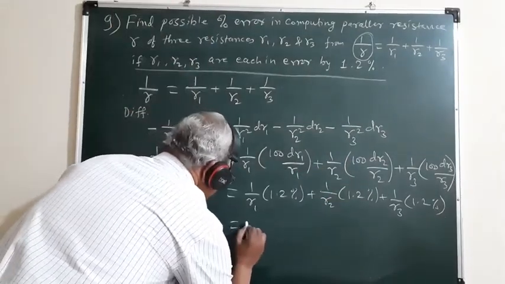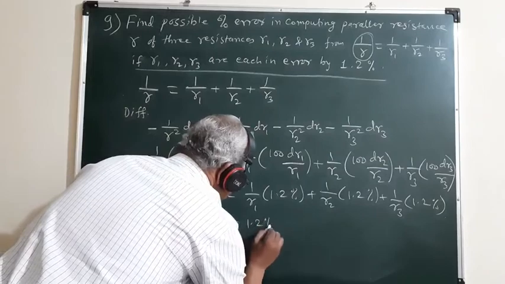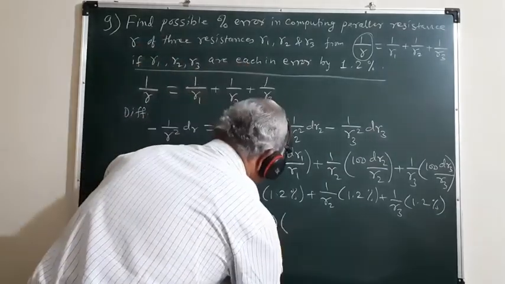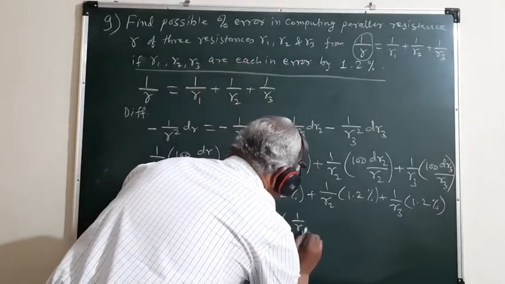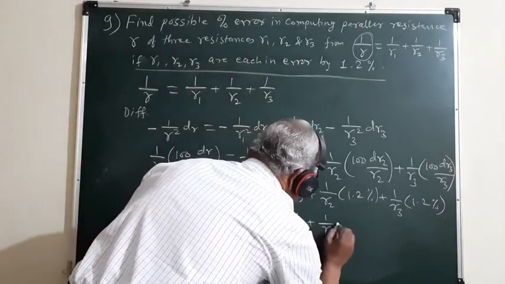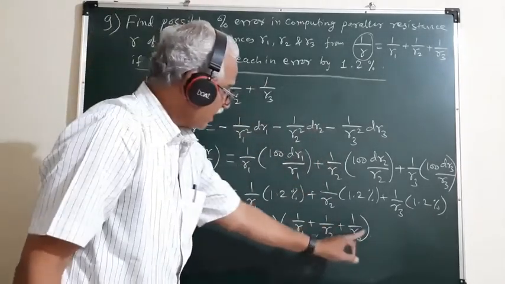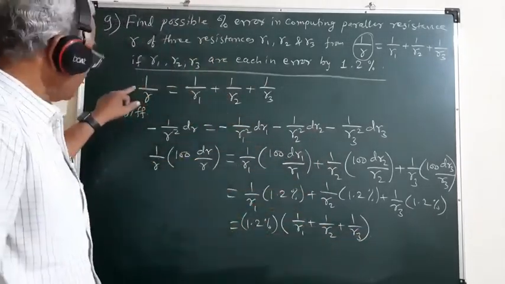So this is 1.2% into bracket 1 by R1 plus 1 by R2 plus 1 by R3.